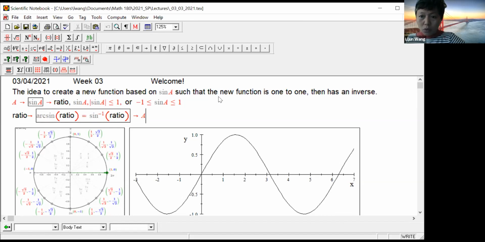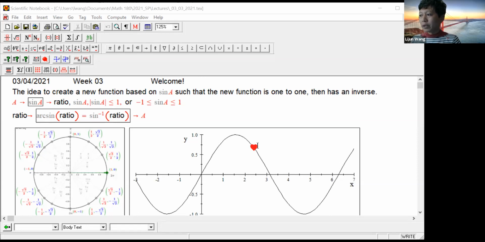Okay, so at the core of this analysis, if you look at this curve, we understood each point, we pick an arbitrary point on the sine curve.